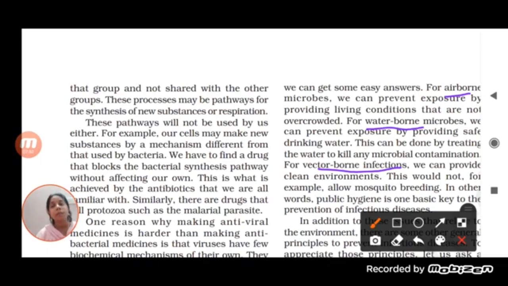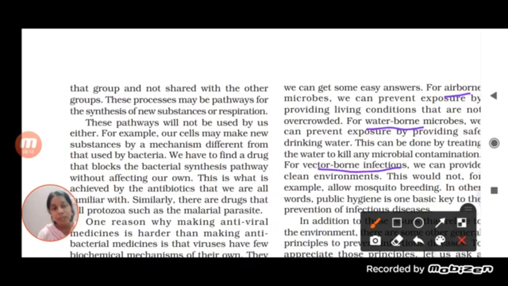So we must avoid the collection of water, because stagnant water is a very good place for mosquitoes to breed. So if we want to stop mosquitoes from breeding in stagnant water, it will be much better that we take care of that. Okay, so we can say public hygiene.